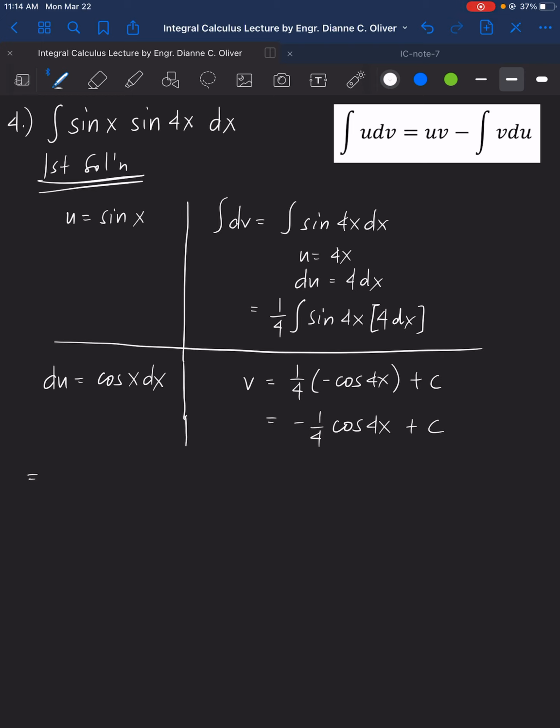Using the pattern, we have u times v. So we have negative 1/4 sine x cosine 4x minus the integral of v du. Okay, so the pattern is v du. So that is negative 1/4 cosine 4x.